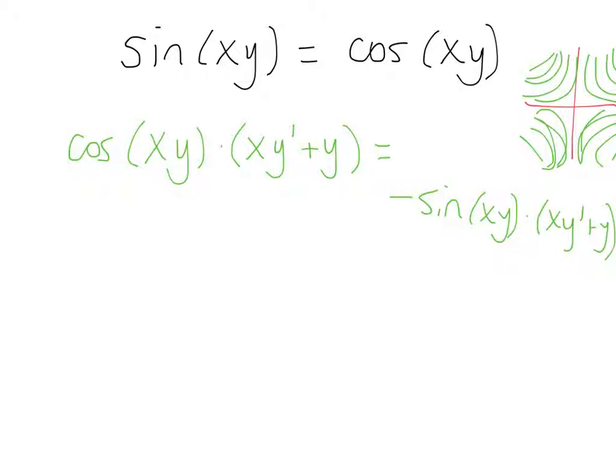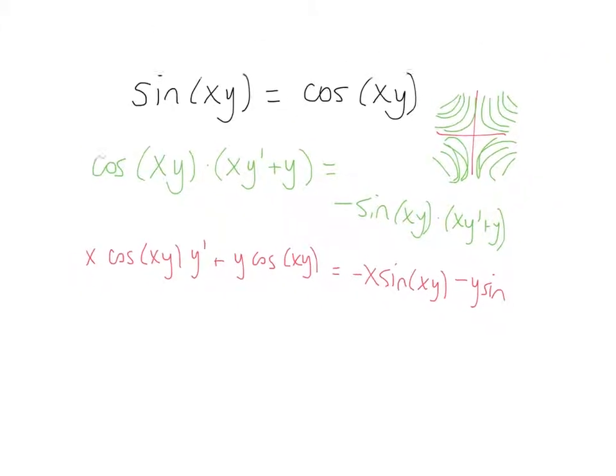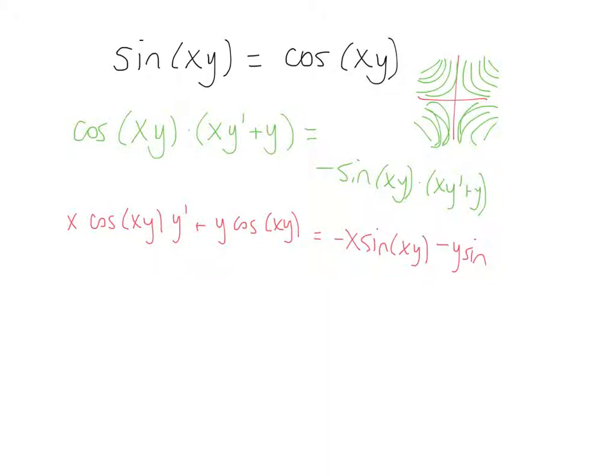Okay, and we want to get the y primes by themselves, so x cosine xy y prime plus y cosine xy equals negative x sine xy minus y sine of xy. So what I did is I distributed to each term on the inside.